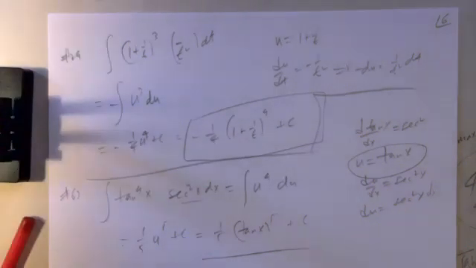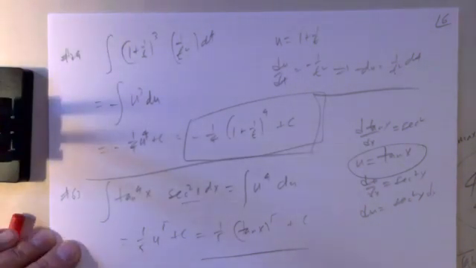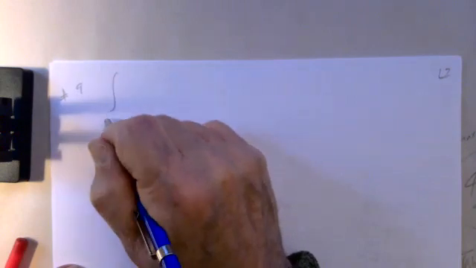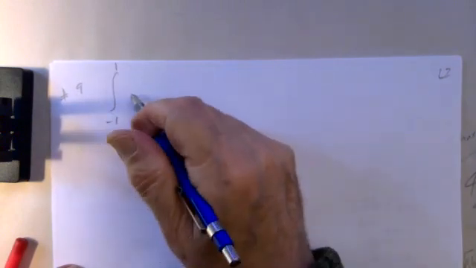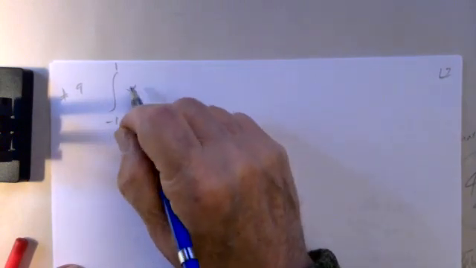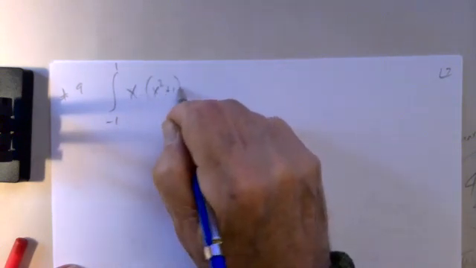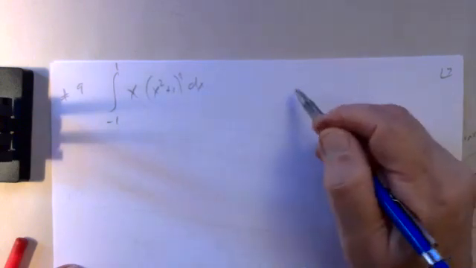Let's look at one or two problems that involve definite integrals. This is number 99. We have the integral from -1 to +1 of x times (x squared plus 1) cubed dx.